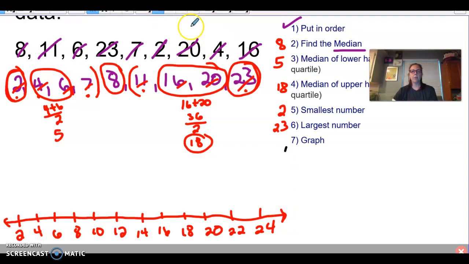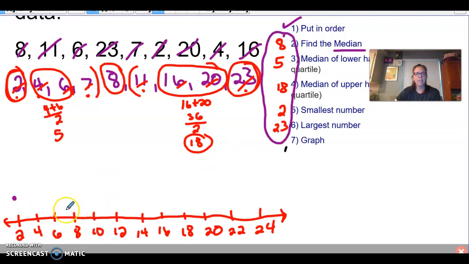I'm going to change back to purple. So then we just put a point above or below the line. Don't put it right on the line. We have a point at 2. We're going to put points where all these are. We have a point at 5, so that's going to be halfway between 4 and 6.